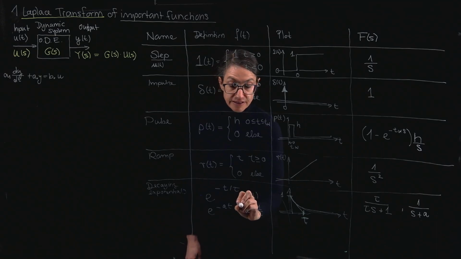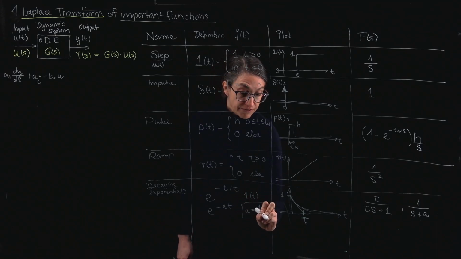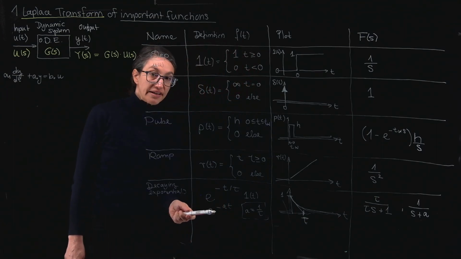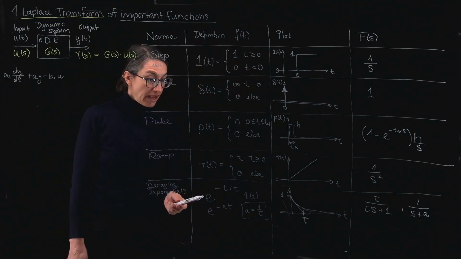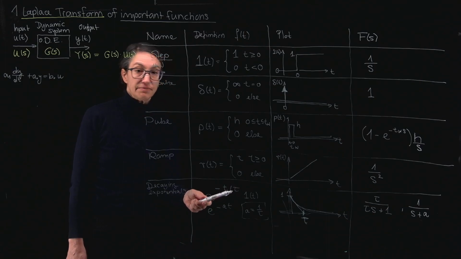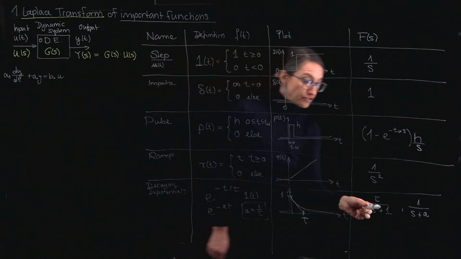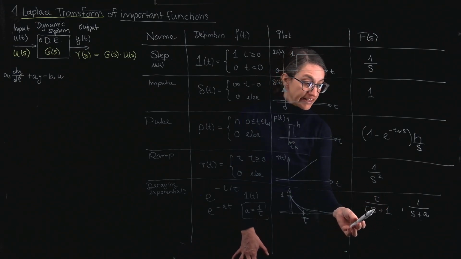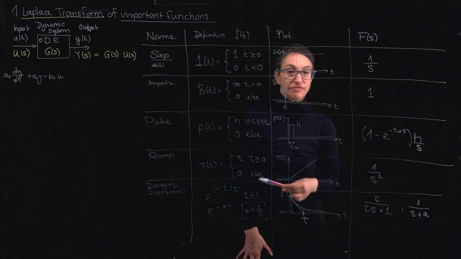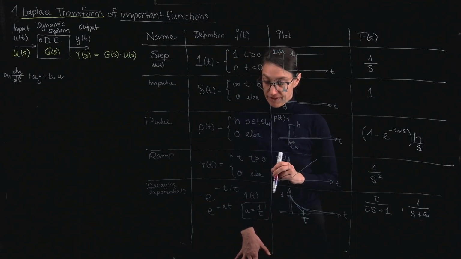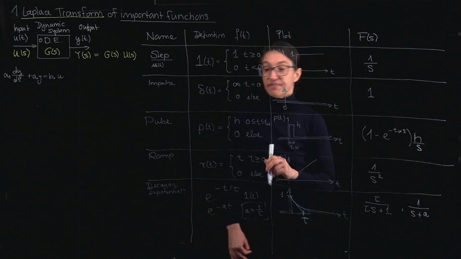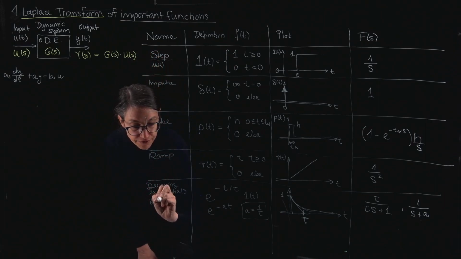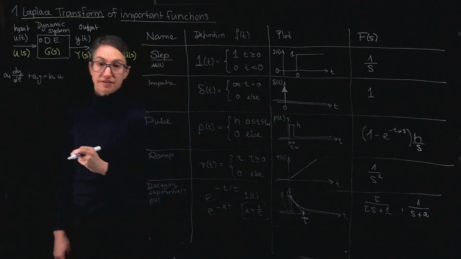The only difference is how we define it in this representation. We have e to the minus a t, and here we have e to the minus t divided by tau. So there's a slightly different factor in front of the s here, and we write it slightly differently, but it's exactly the same function. And this is usually our output signal y of t, for example, for a first order process.